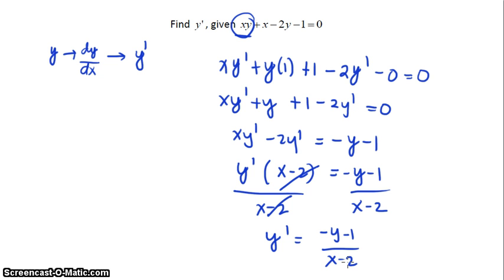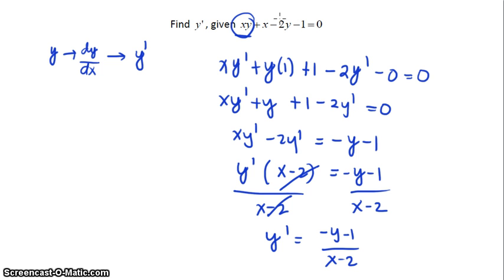Take note, in implicit differentiation, it is okay if the final expression has an x and y at the same time. The crucial steps in finding the derivative are the first and the second, because you need to think of y as a function of x, so that whenever you get the derivative, it has to be expressed as y prime.